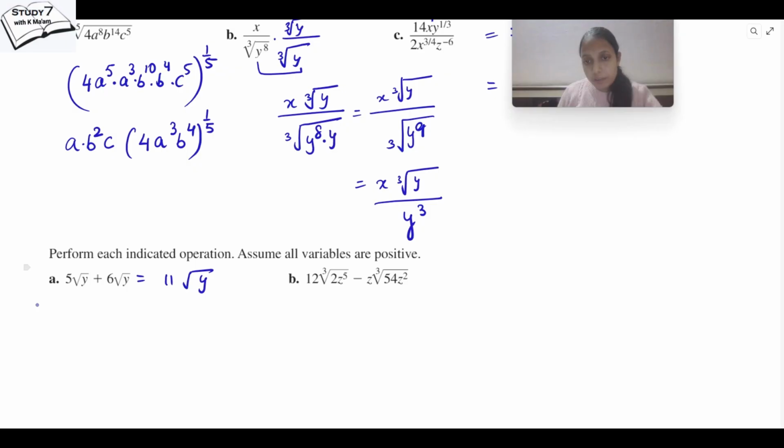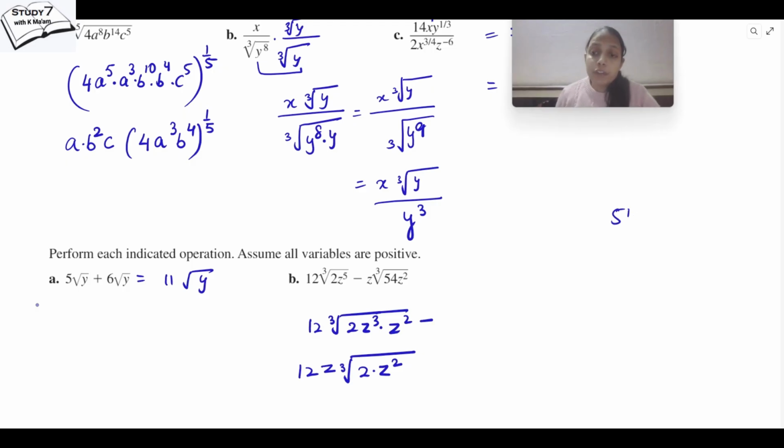Next, 12 times cube root of z^5 minus cube root of 54z^2. This z^5 can be written as z^3 times z^2 under the cube root. The cube and this power 3 cancel, z comes out, and you are left with 12z times cube root of z^2 minus the cube root of 54z^2. 54 again breaks into parts: 27 times 2.